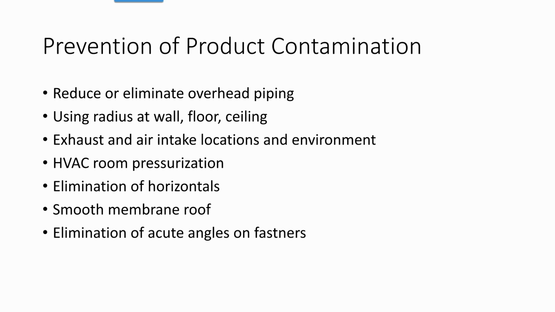Other things that are maybe not so obvious to prevent product contamination, and that have a lot to do with the architectural aspects of the building, are the exhaust and air intake locations. If you have the exhaust and the air intake right next to each other, the flow is just looping around itself. Generally you want to put those away from each other as much as possible.